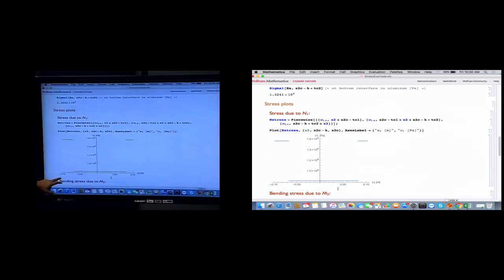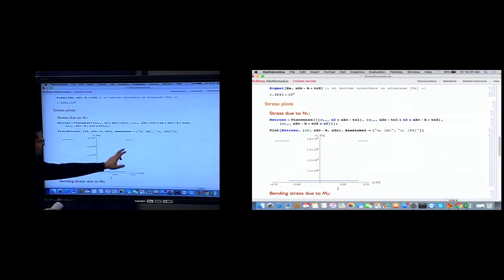So from minus 0.1 to somewhere at minus 0.07, because the thickness is about 0.03, from minus 0.1 to minus 0.07, you have the first layer, the thicker one. Then you have the middle layer, which is the thickest layer, and then a thin layer at the end. So this shows the actual stresses plot with x2.